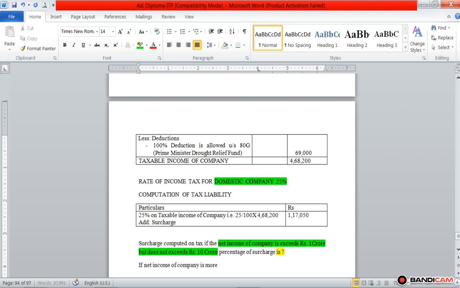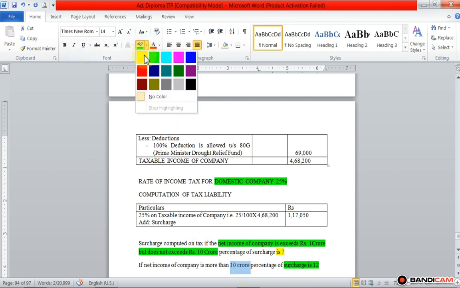If the net income of the company is more than 10 crore, then the percentage of surcharge is 12%.